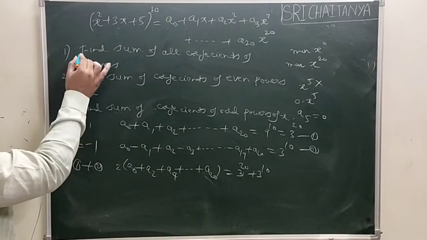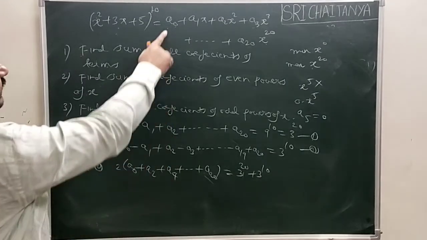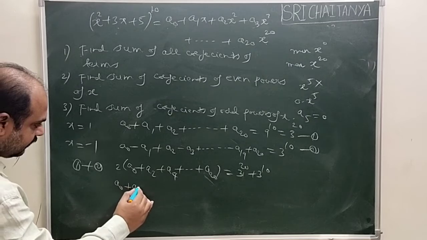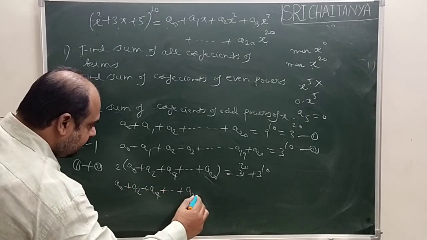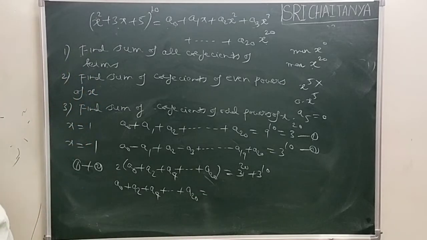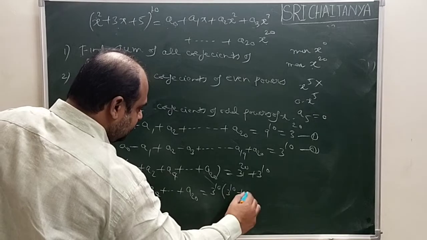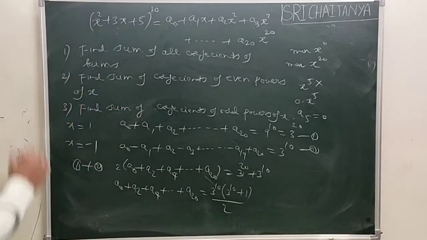Therefore, the sum of even powers of x, A0 plus A2 plus A4 and so on up to A20, equals 3 to the power 10 into 3 to the power 10 plus 1, divided by 2. This is the second question's answer.